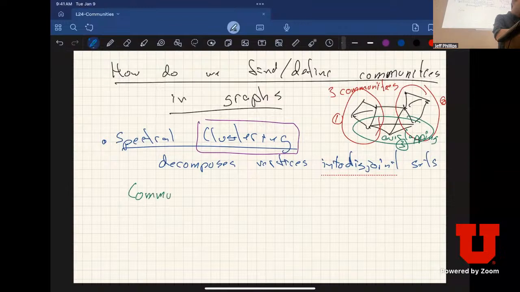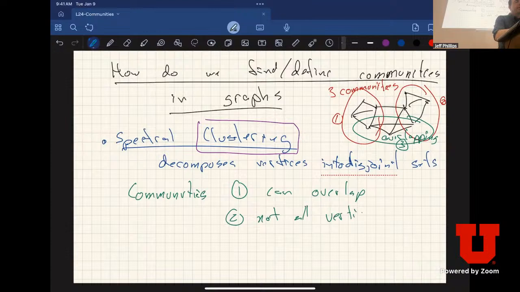communities. Communities can overlap, and not all vertices must be in one or more. So you can have some vertices not in any community.